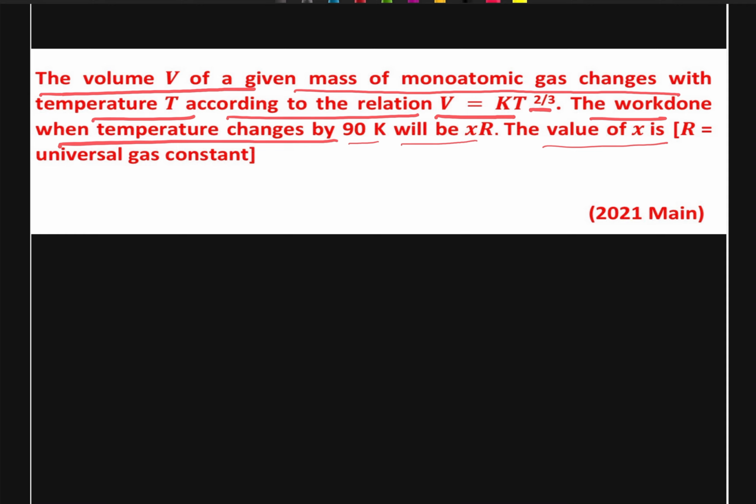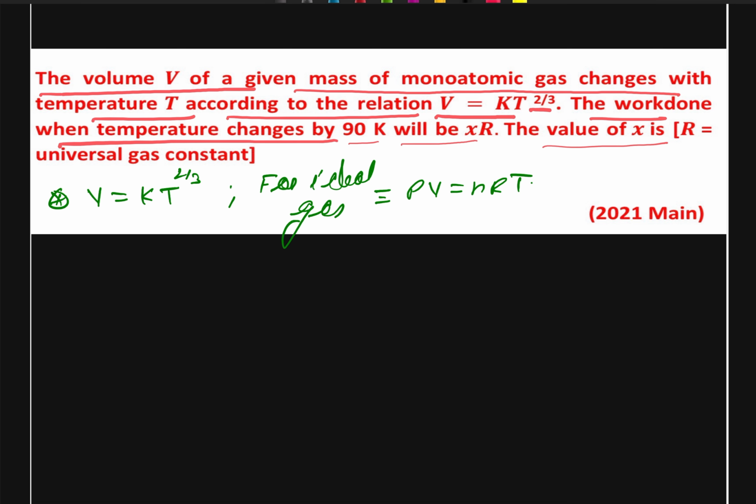So we start with our given relationship of volume. We are given that our volume is equal to K times T raised to power 2 by 3. But we also know that for an ideal gas, PV is equal to nRT.